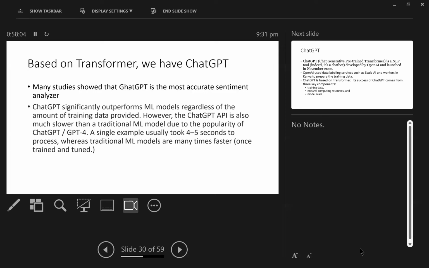But recently I asked ChatGPT to help me write the press release. I said, please help me write a press release that includes the following points: 1, 2, 3, 4. Then I click, and eventually it gives a very complete and impressive press release. So basically the technology has become very impressive and powerful.